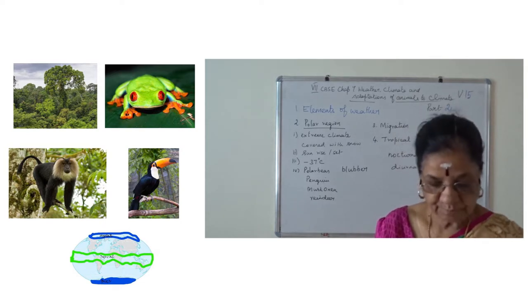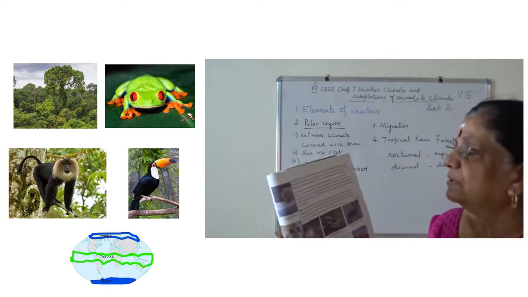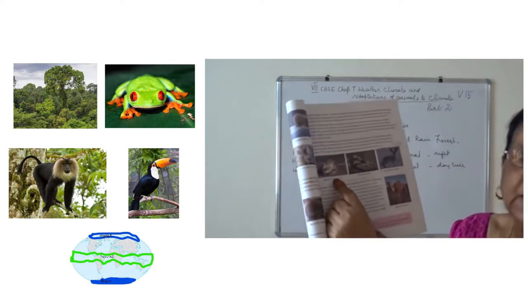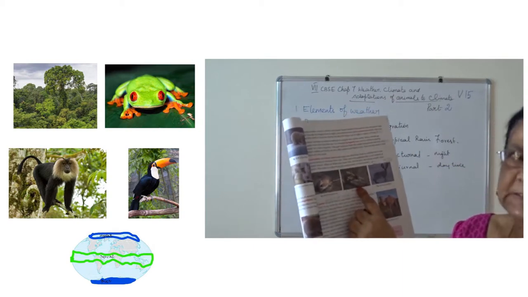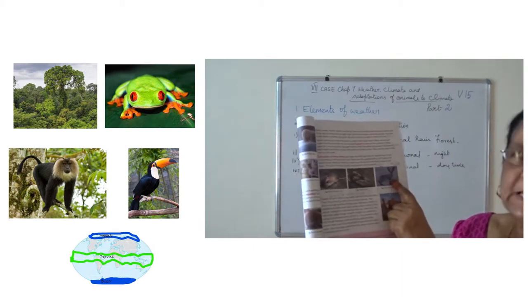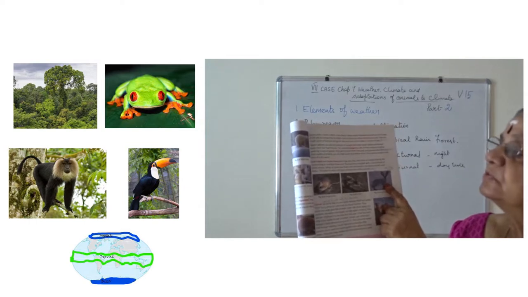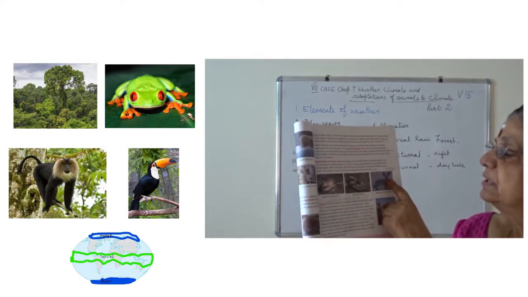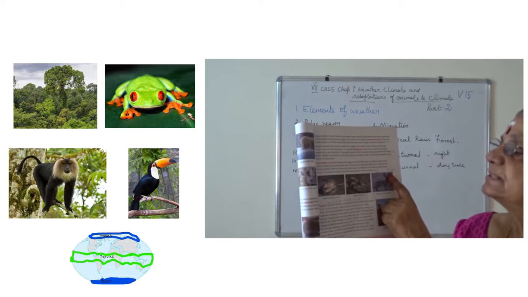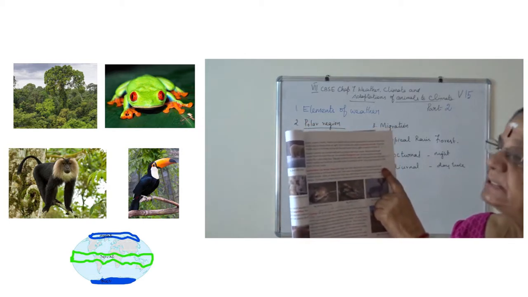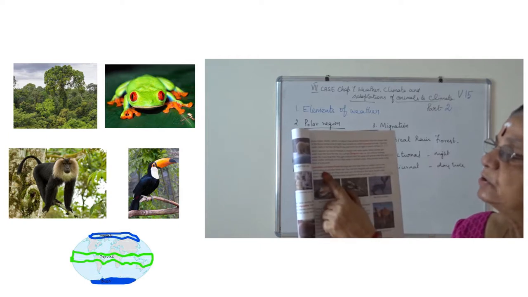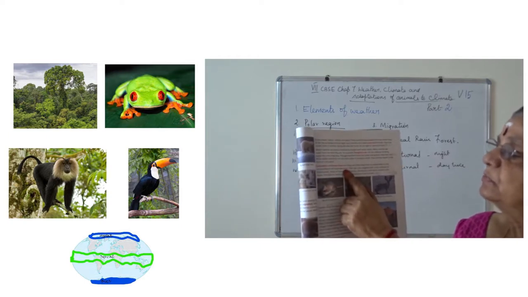So here we find this is a kangaroo rat, this is a lizard, this is a jackrabbit. The jackrabbit has long, large ears that help them radiate heat to the surrounding air and keep them cool.